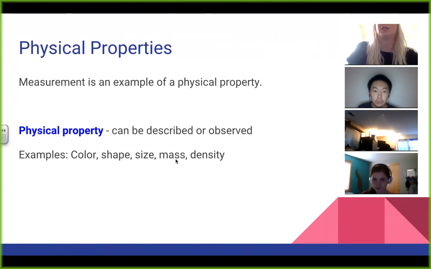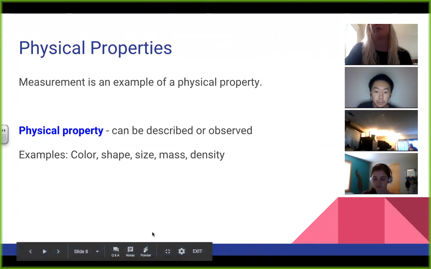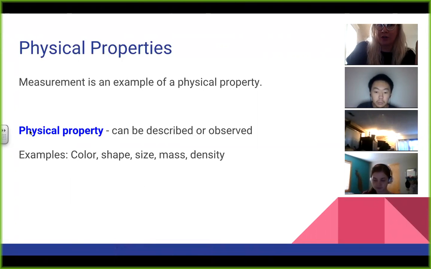But the mass could change as well if you're cutting or changing the amount. Density will never change, right? Some of these things can change, some of them won't. But physical properties are going to be incredibly important for earth science because a lot of the observations that we make about the earth are physical properties. We'll also get into some chemical property stuff as well. So just make sure that you understand what a physical property is and how measurement is an example of that.